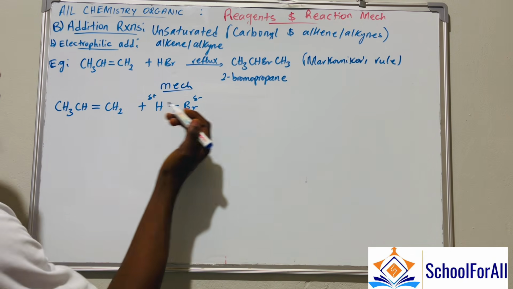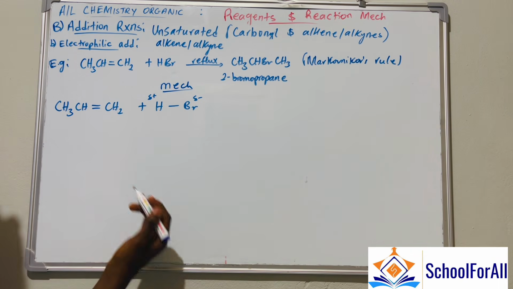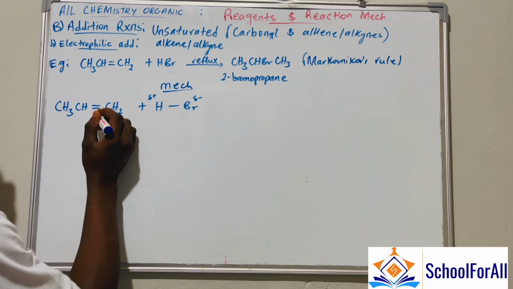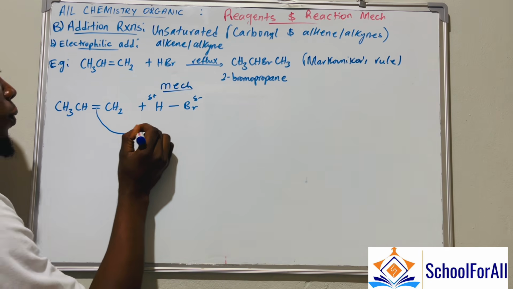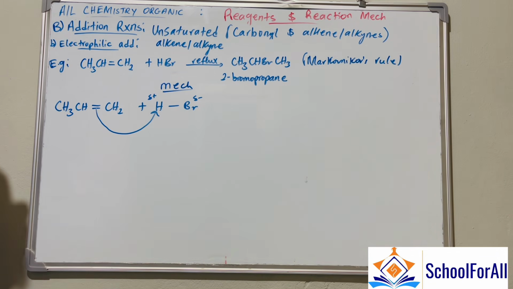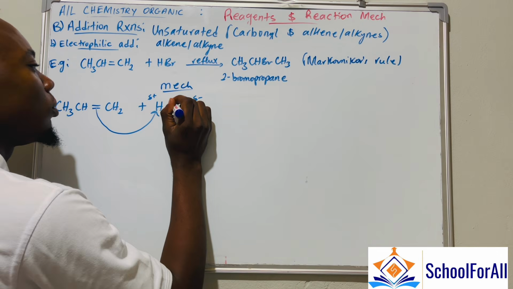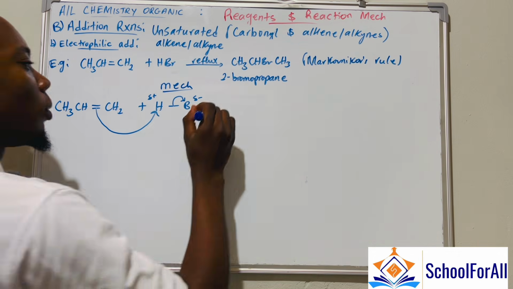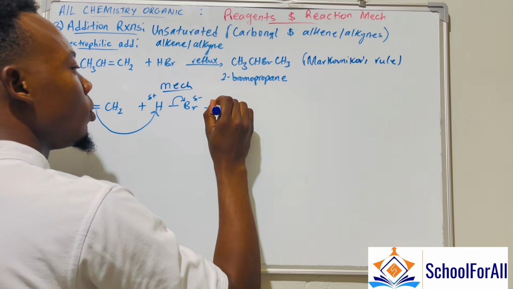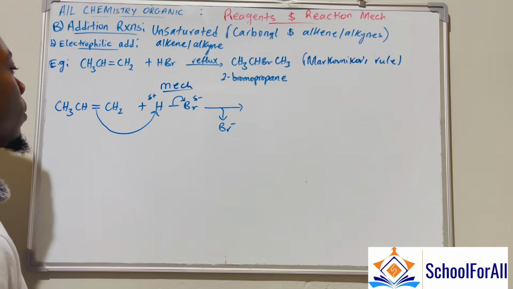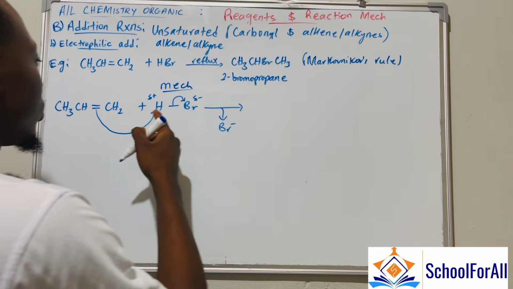So this is how the charges distribute themselves due to a difference in electronegativity. Now, this double bond, full of electrons, will come and take this hydrogen, and this bond will finally go to bromine. So the bromide ion will leave, and this hydrogen will fix itself to this carbon.